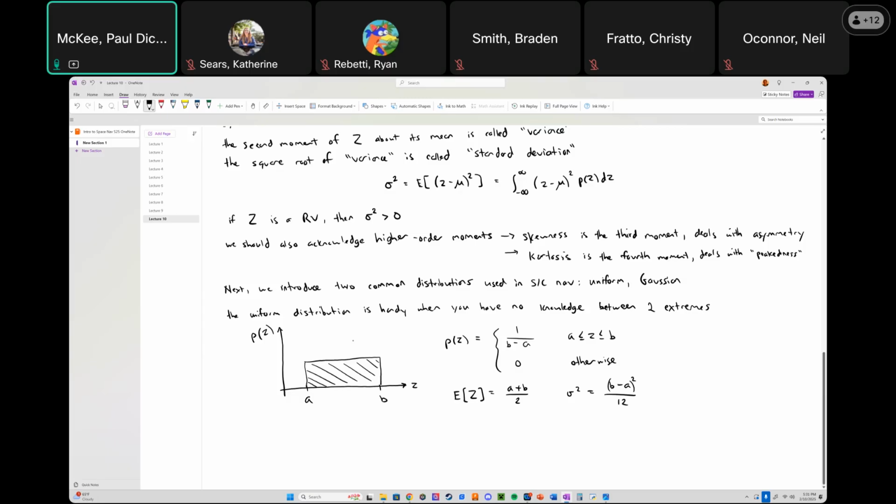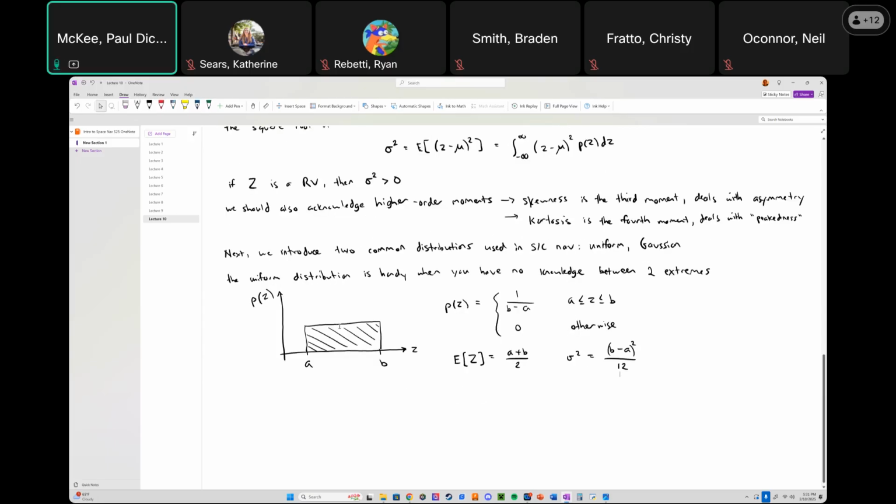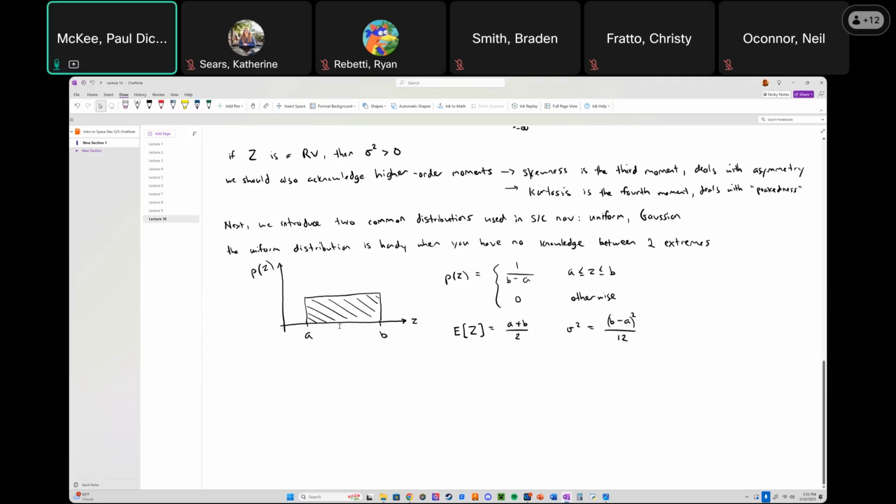All right, pretty straightforward. The Gaussian distribution should be even more familiar, and we're going to spend a lot of time on the Gaussian distribution in this class. We'll talk about why later.